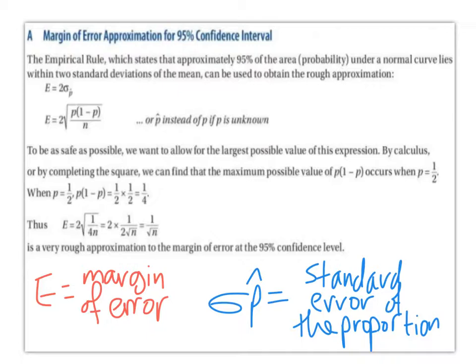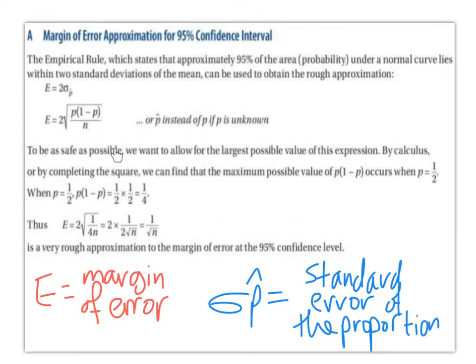Here E is the margin of error, and our standard deviation symbol with p hat stuck on is our standard error of the proportion. Since the standard error of the proportion is equal to this formula, as we saw on the previous slide, then this is equal to this, or p hat instead if p is unknown.